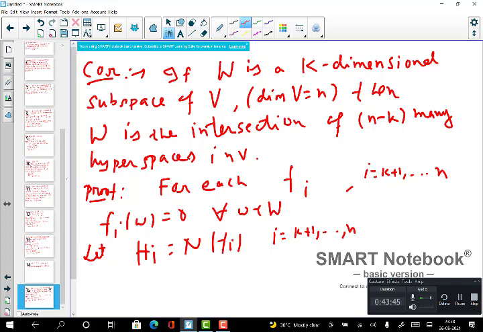All those H_i actually contain W, then this is obvious. So W is actually sitting inside all those H_i, for i equal to k plus 1 to n. Why is this true? Because if something belongs to W, and this is the null space of f_i, right?